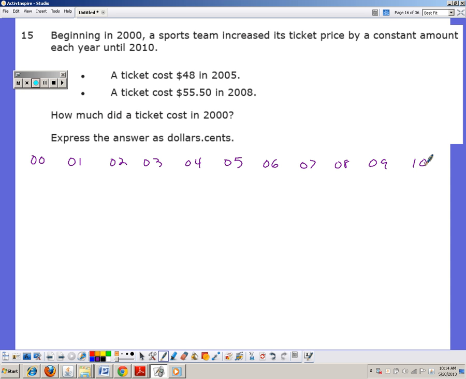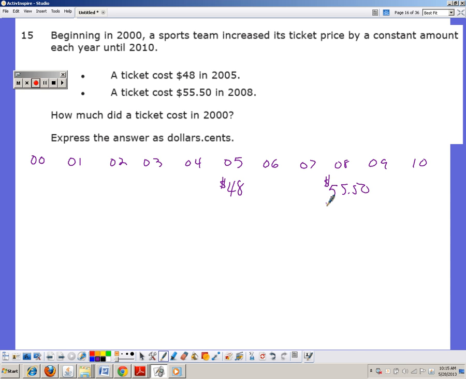The ticket costs $48 in 2005. Then it tells you in 2008 it costs $55.50. First step, figure out how many years passed from 05 to 08. Okay? And also find the difference between the ticket prices.